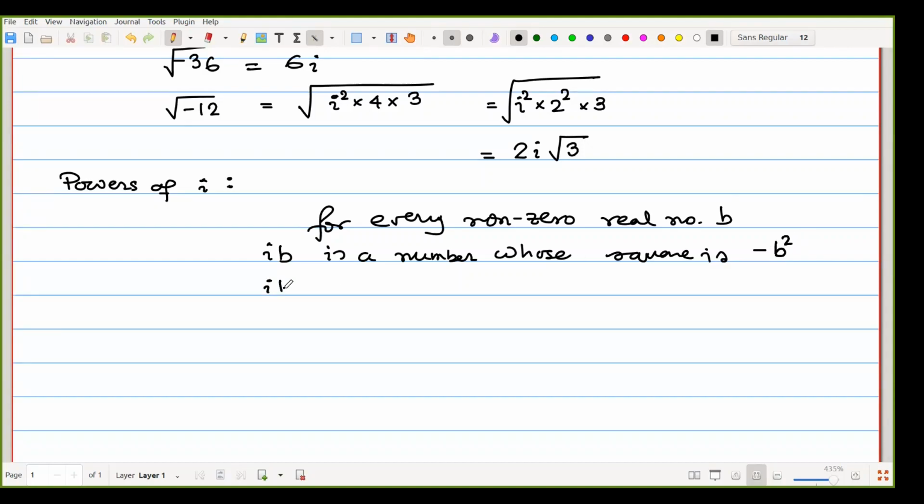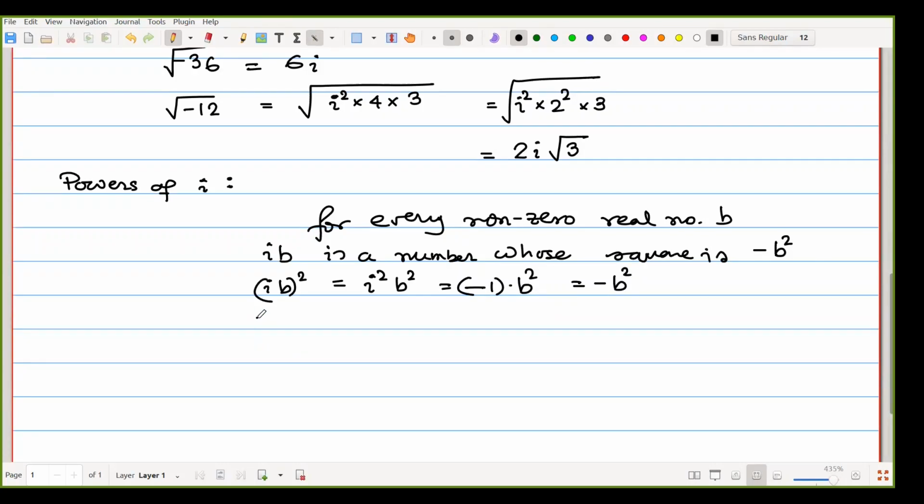Because if we square it, we are getting i square b square. So i square means -1 into b square, or minus b square.